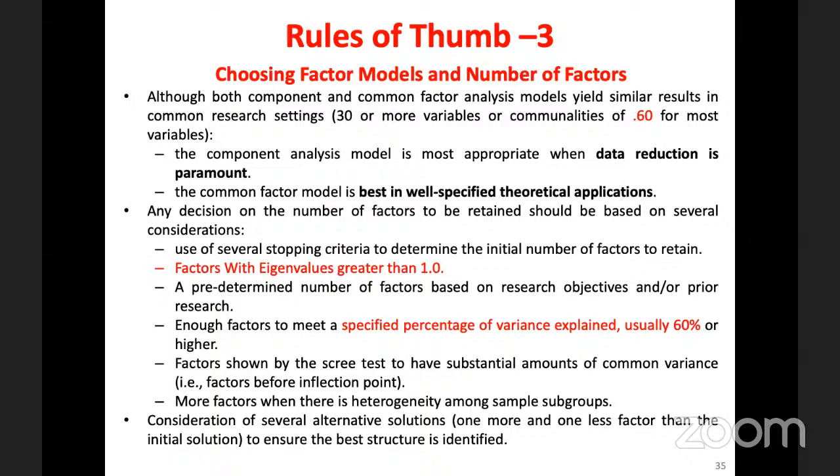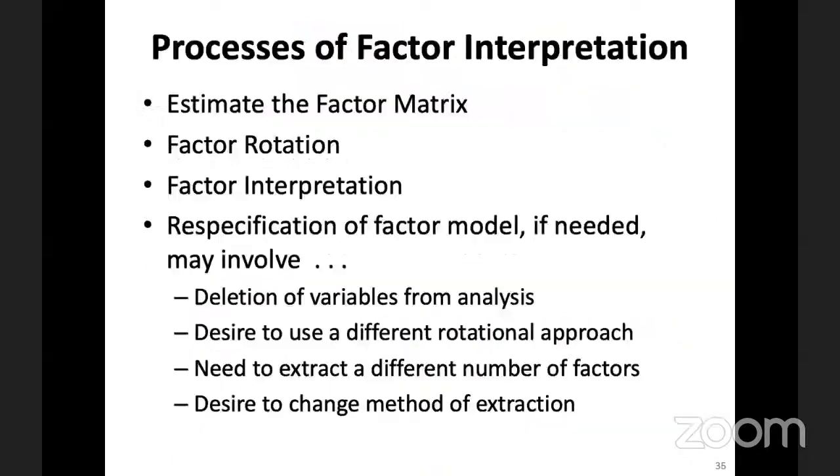Then there is another rule of thumb which says that if your objective is to reduce the data, then you have to see how these variables are theoretically supported, and then you will decide how much communality you can have.